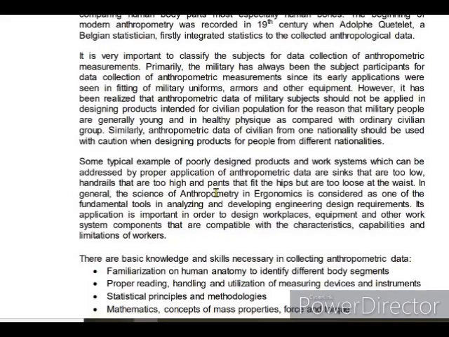So next, it is very important to classify the subjects for data collection of anthropometric measurements. Why? Because when we fail to classify the subjects, we tend to produce confusing data. So classification of kinds of subjects or users must be considered.